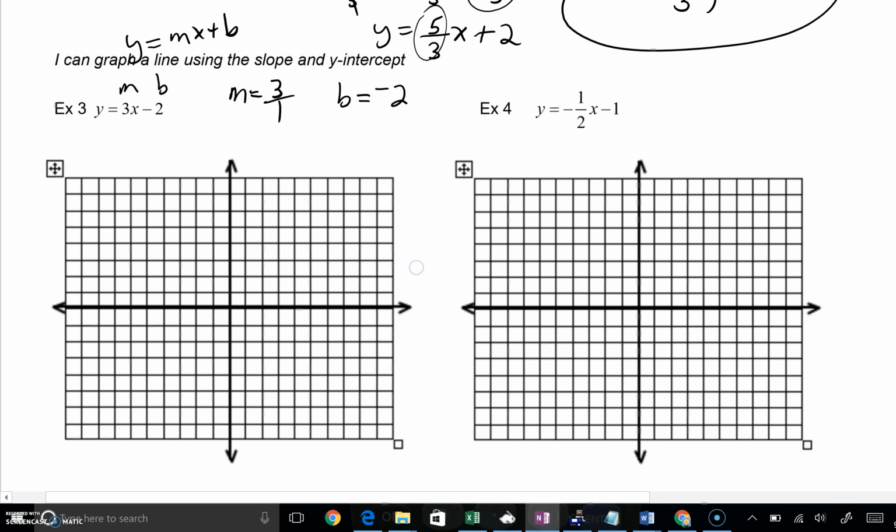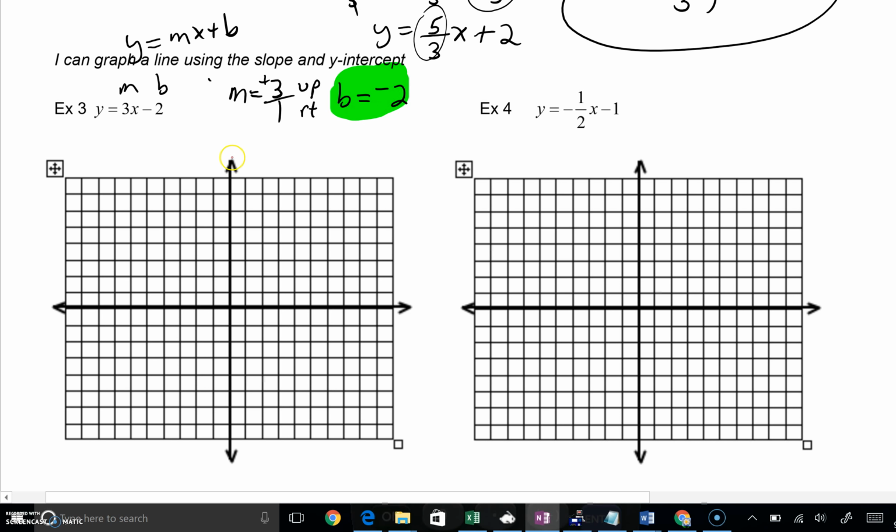And what you need to remember is that slope is always rise over run. So because we have a plus 3, this is going to indicate that we're going to be going up 3 and we're going to go right 1. However, what we need to do is realize that we begin our graph with that y-intercept.